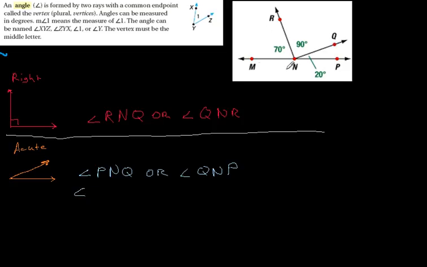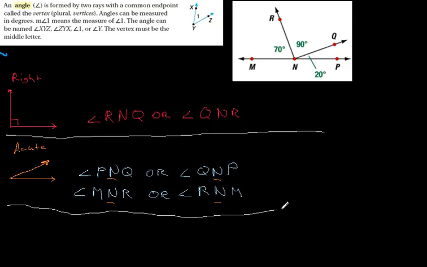So you will say M, N, R, or angle R, N, M. Now you can notice that the vertex for these angles is N, and it is also the middle letter when naming your angles. Cool. I'm just going to separate this out again.